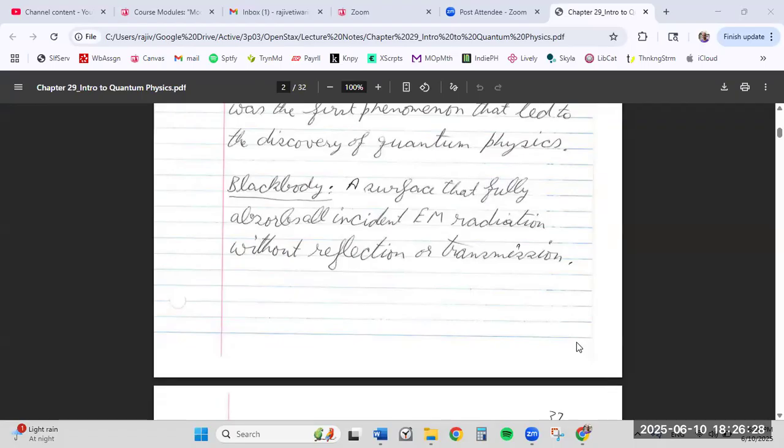So any electromagnetic radiation of any frequency falling on an object, if that can be fully absorbed by the object, then that's called a blackbody. So a blackbody will not reflect anything or transmit any electromagnetic radiation inside it. All of it is completely absorbed.